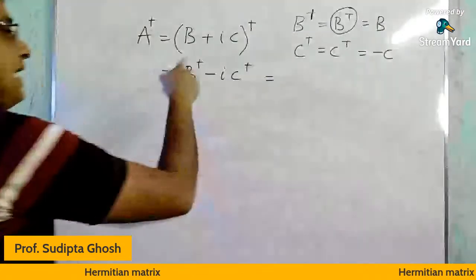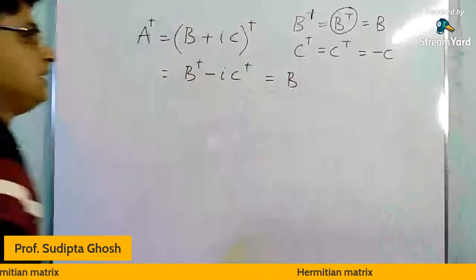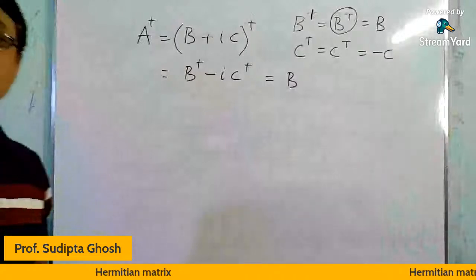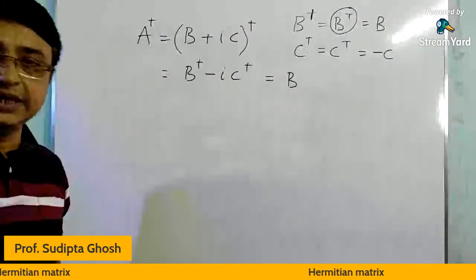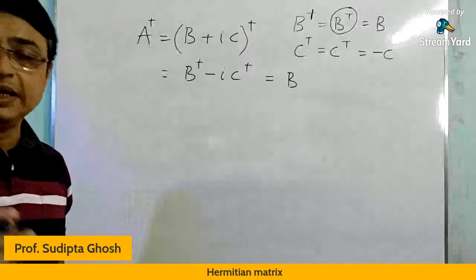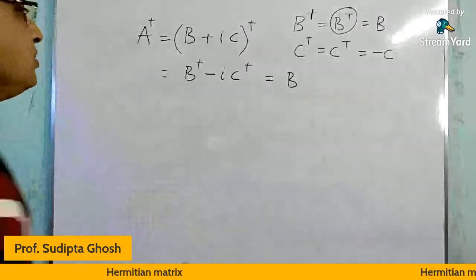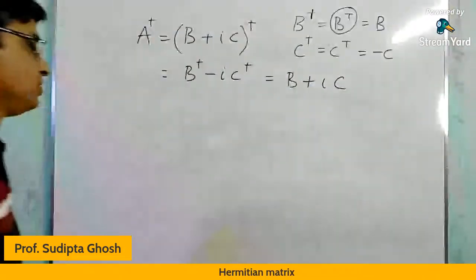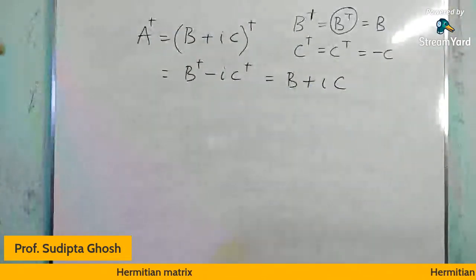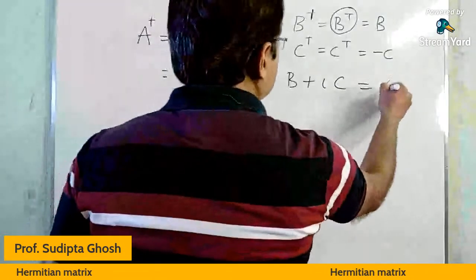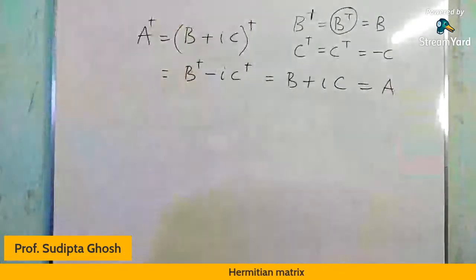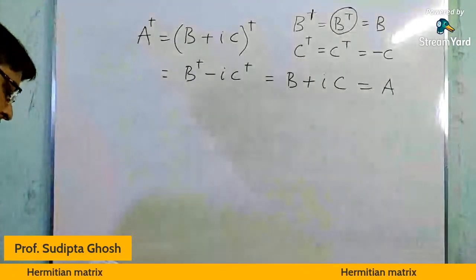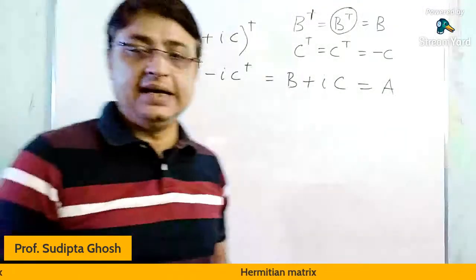Since B dagger equals B, as B is real and symmetric, and C dagger equals minus C, because C is real but skew symmetric, it will give us plus iC. So A dagger equals B plus iC, and that is the value of A. So it proves that A is Hermitian.